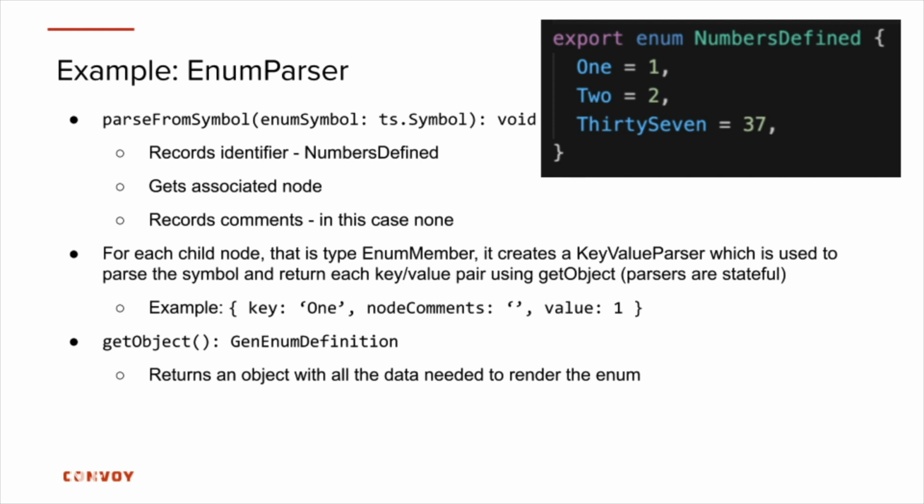And the Enum parser is mostly responsible for the top level information of the Enum. You can see an example here of a key value parser that would be used 3 times for each of the key value pairs. And the first one would return an object that looks like key 1, node comments none, and value 1. Once that's complete, whatever is calling the Enum parser can call getObject, and it will be given an object with all the data needed to render the Enum.